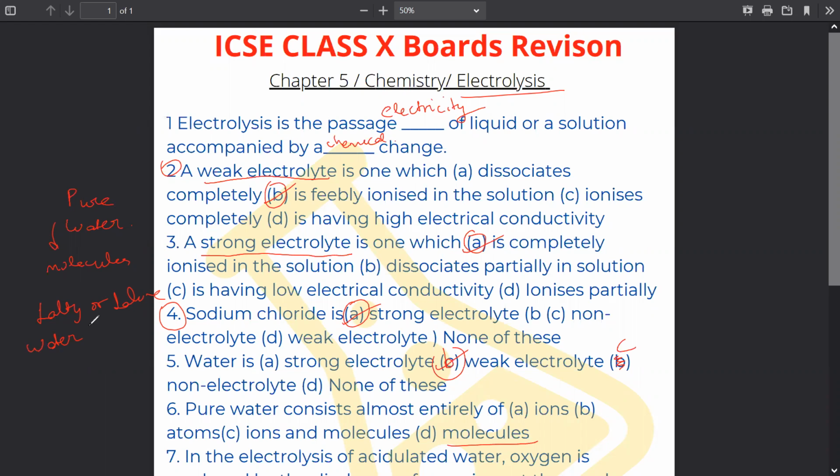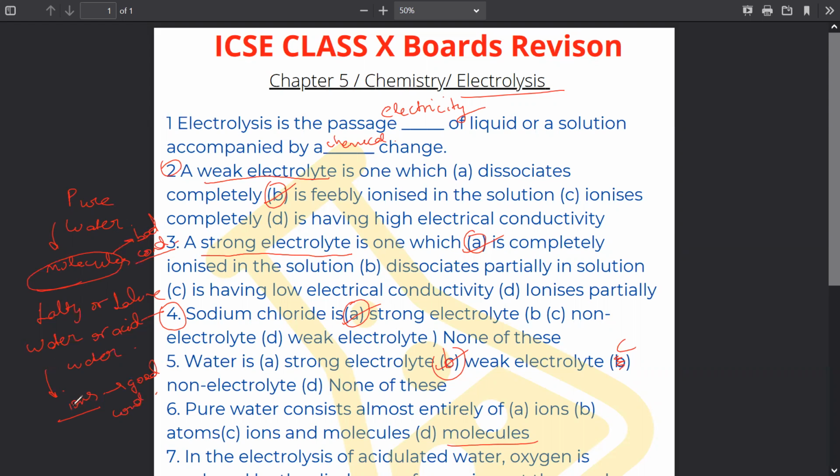So if you have salty or saline water or acidulated water, this would consist of ions. If any substance consists of ions, then it would be a good conductor of electricity. But if you have molecules, then they would be bad conductors of electricity.